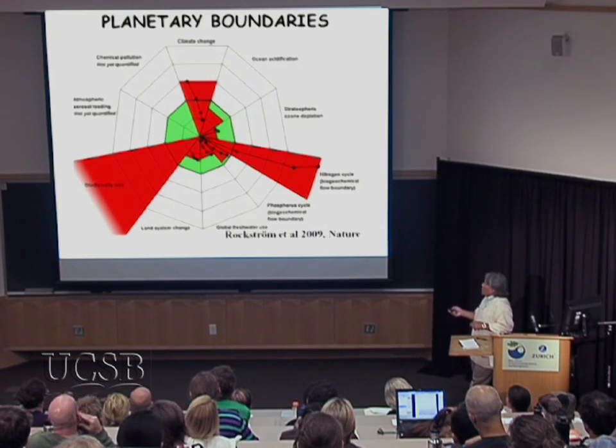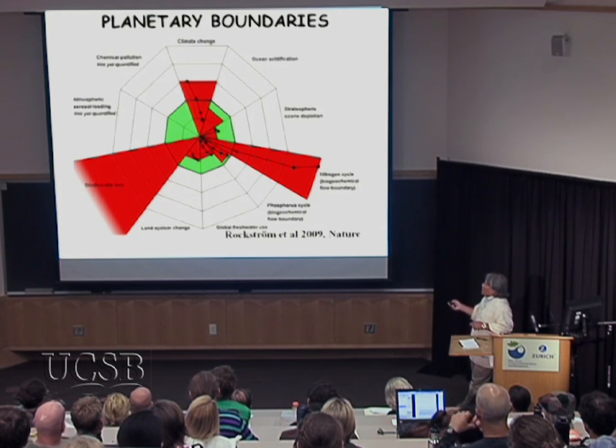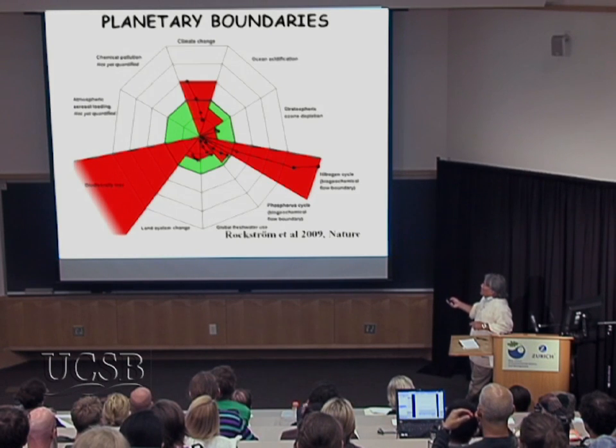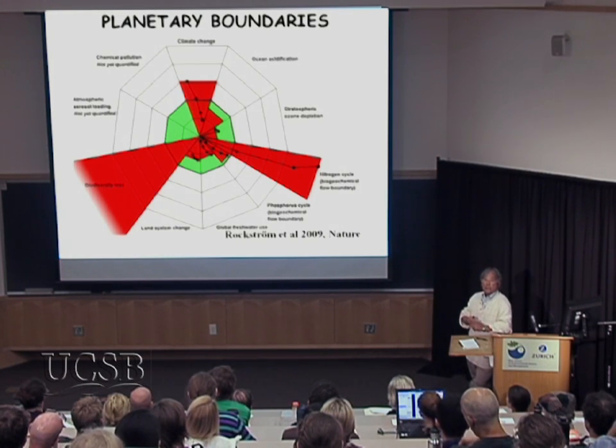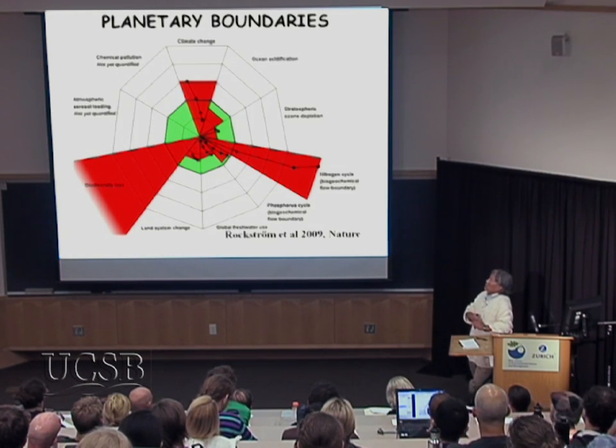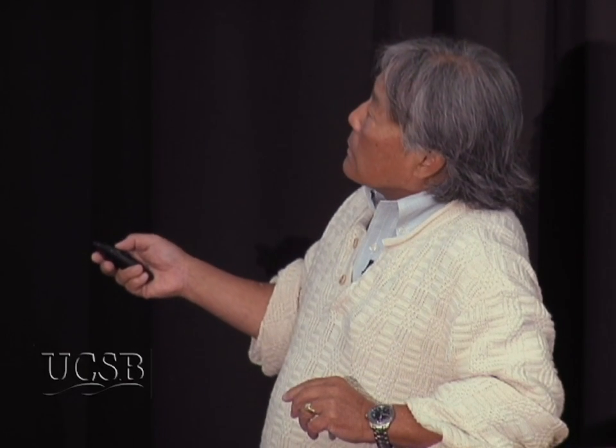In addition, we're changing the biological cycles in a number of ways. This kind of depicts what we know about the nitrogen cycle, and I'll touch on this again later in another slide. But in addition to nitrogen, the manner in which we're consuming, using, and decreasing the amount of available phosphorus is quite dramatic as well.